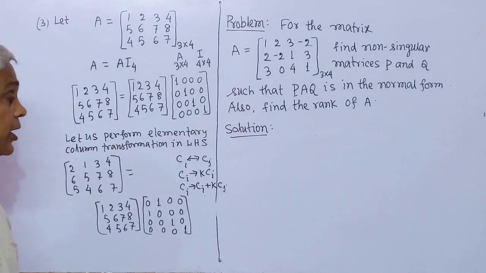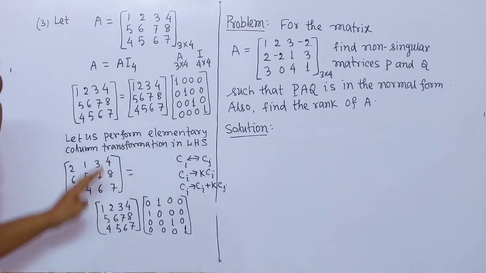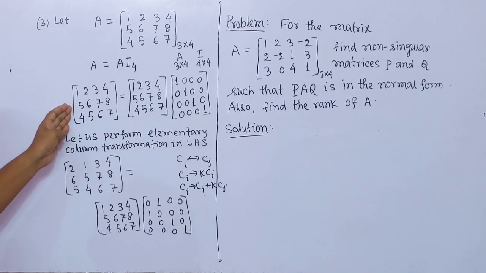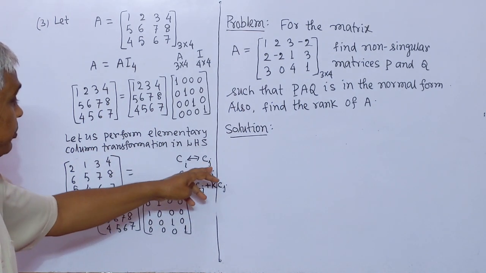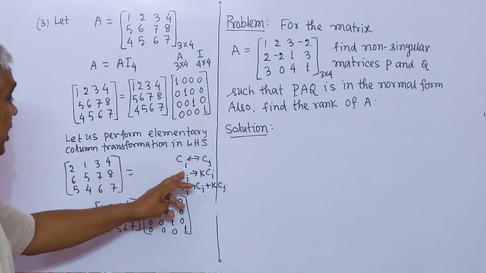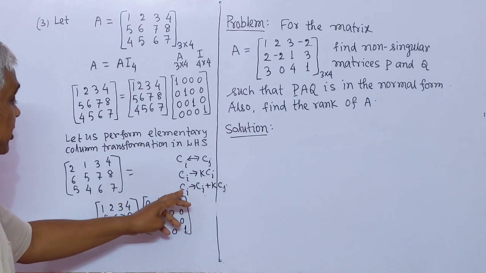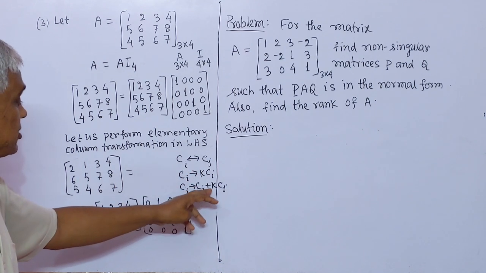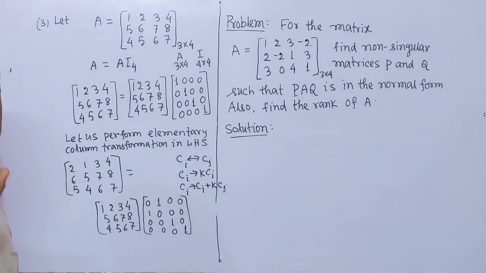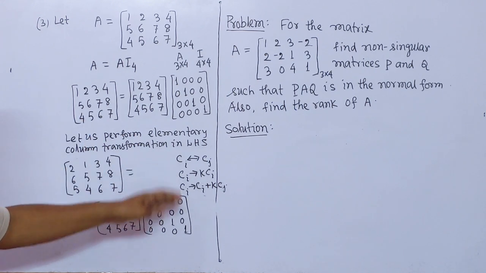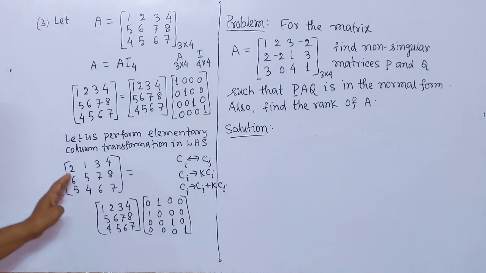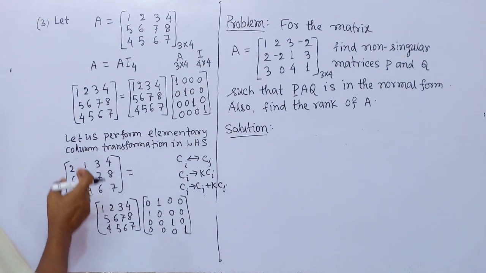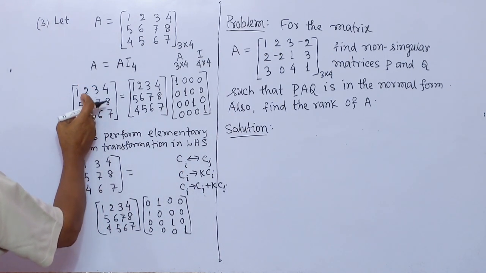Let us perform elementary column transformation on the left hand side. We have three types of column transformation: number 1, Ci interchanged with Cj; number 2, Ci replaced by k Ci; number 3, Ci replaced by Ci plus k Cj, similar to elementary row transformations. Here let us consider the interchange of column 2 and column 1.